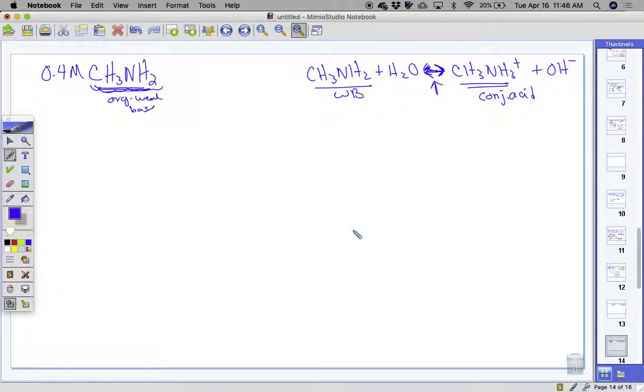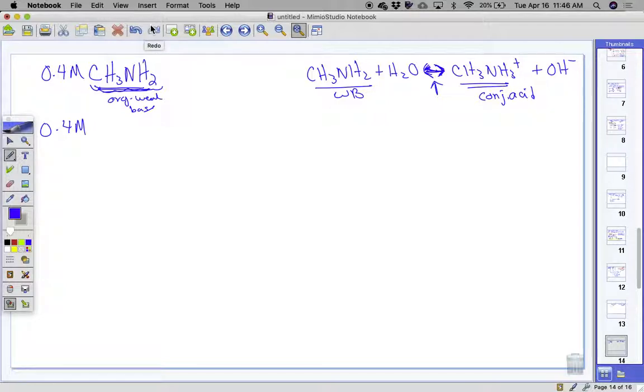Okay, so we need a salt that contains that conjugate acid. So give me a salt and give me a concentration. Buffers have maximum capacity of buffering when those concentrations are the same, by the way. That's where they have the maximum buffering capacity, when the conjugate has the same concentration as the weak species.